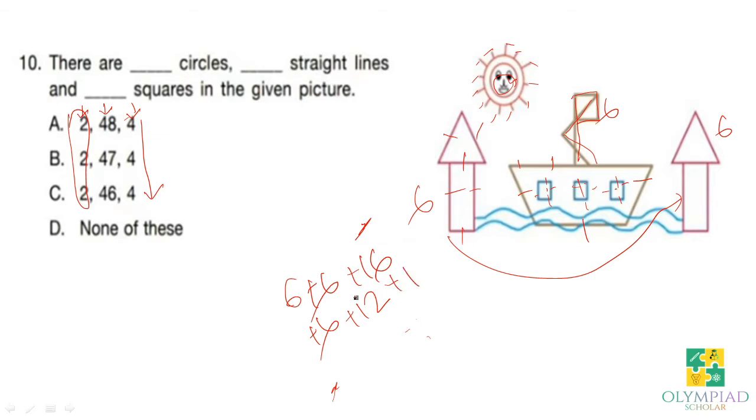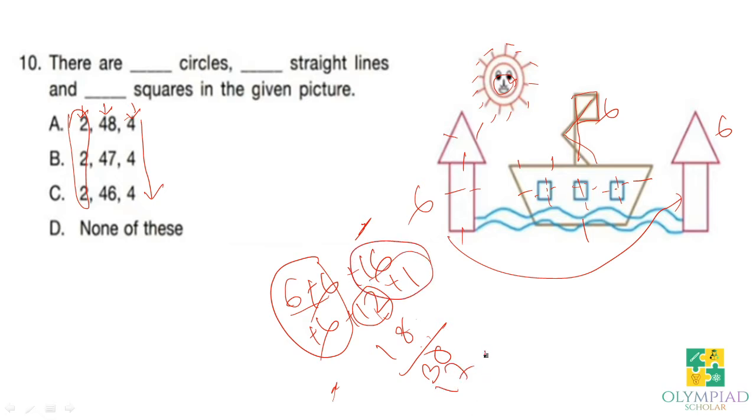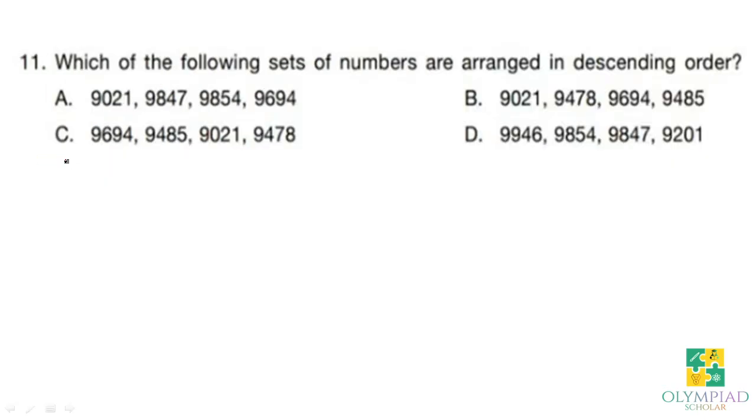If you add these 6, there are 3 sixes. So this is 18, this is 12. So 18 plus 12 will be 30. So this is 16 plus 1, 17. You can add 17 to this, so you will get 47. So your answer would be B, 47.